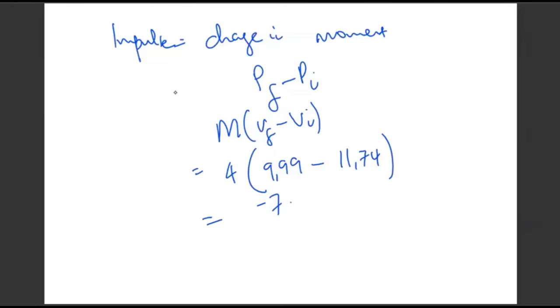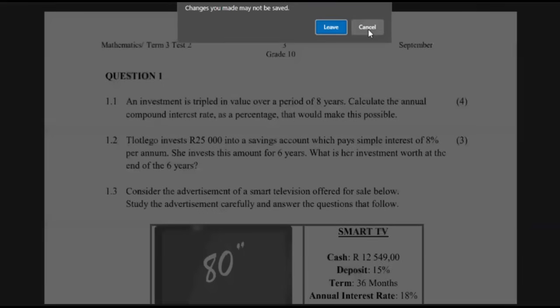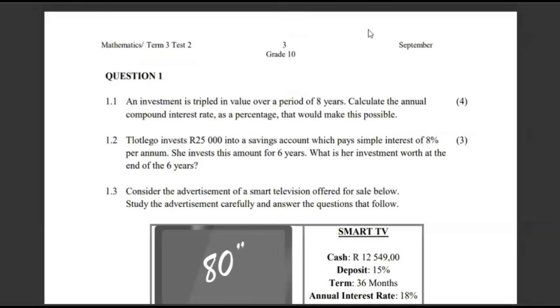So meaning that our impulse is going to be 7 Newton per second. Is it Newton second or Newton per second? It's supposed to be a Newton second. Okay, so that is what we would have done in that particular aspect. All right, then we move on to the next part.